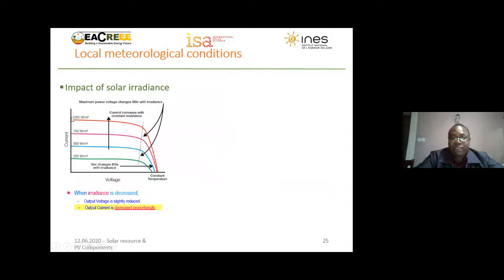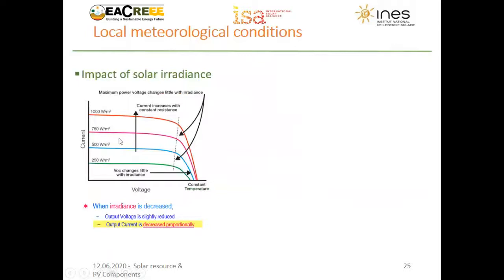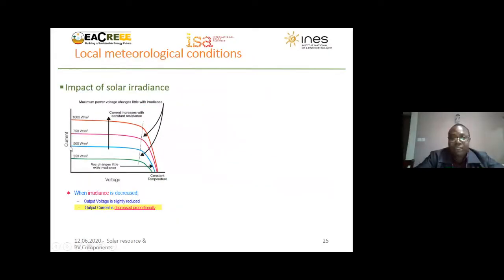When this goes down to around 500 watts, there's a drastic reduction in current. So this generally means that irradiance is very key. Your panel needs to be exposed to very high or good irradiance.